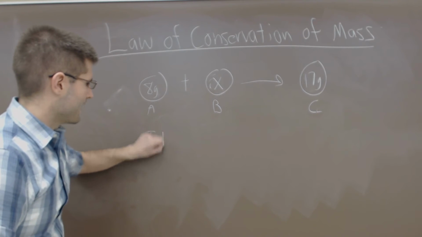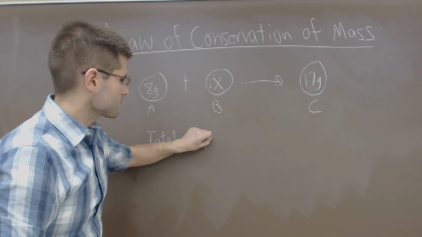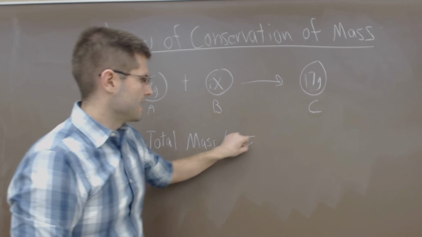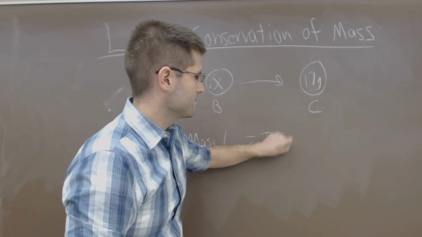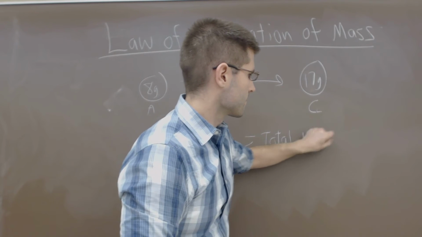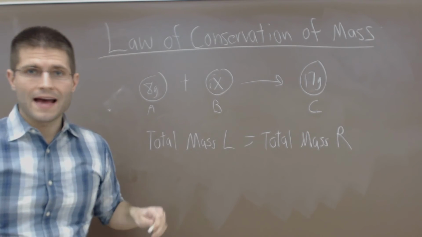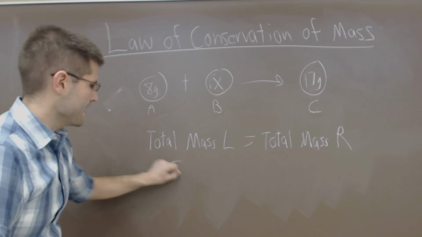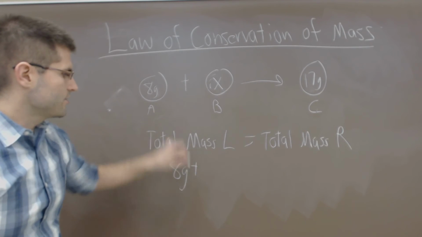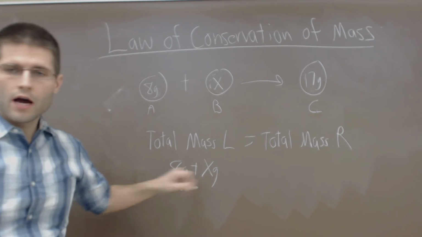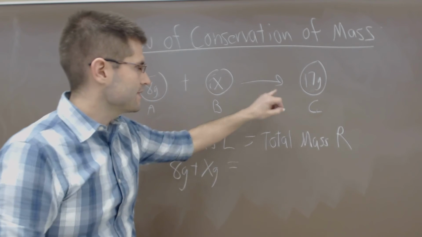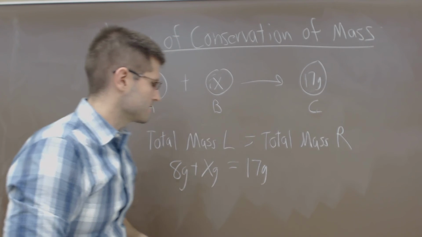Well, we had a simple equation. We knew that the total mass on the left has to equal the total mass on the right. We can plug in our masses. The total mass on the left is going to be 8 grams. We're going to add to that X grams. We don't know how many grams that is. And that has to be equal to 17 grams.